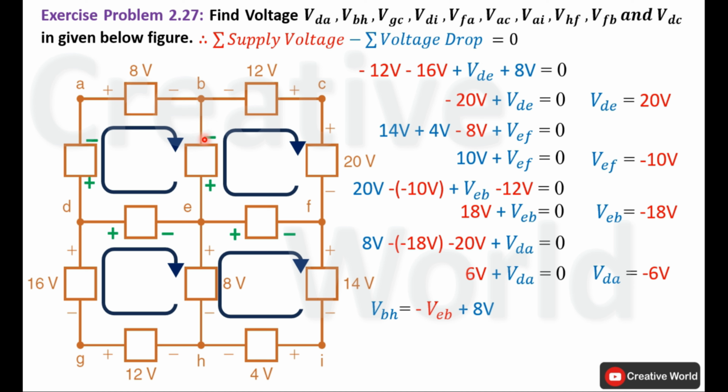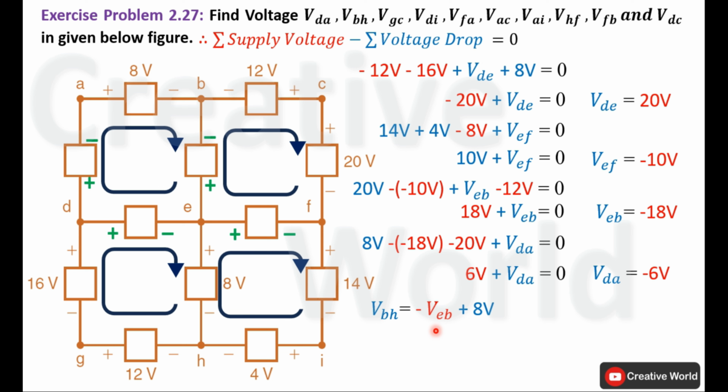So we will start from this element. Current entering terminal is negative. So voltage across this element will be taken with minus sign, and voltage across this element is labeled as VEB, which we recently have calculated. Move to next element. This element already has specified voltage across its terminal and the current entering terminal is positive. So voltage across this element will be taken with positive sign, plus 8 volt.